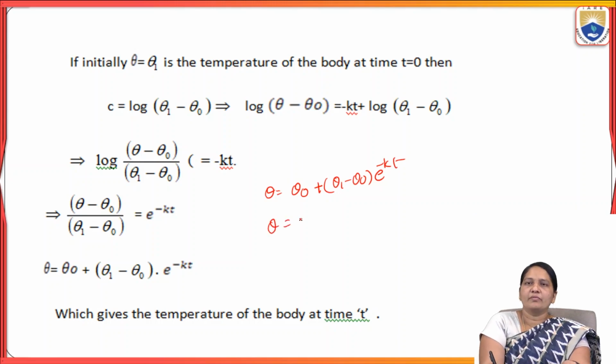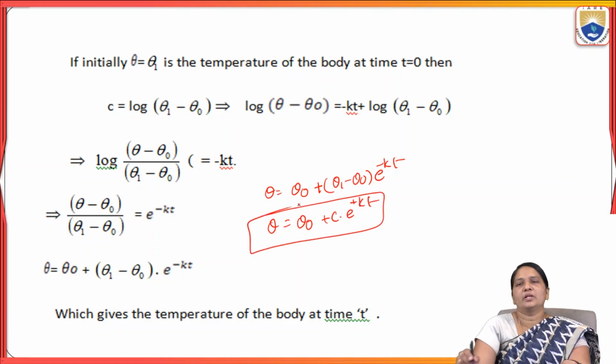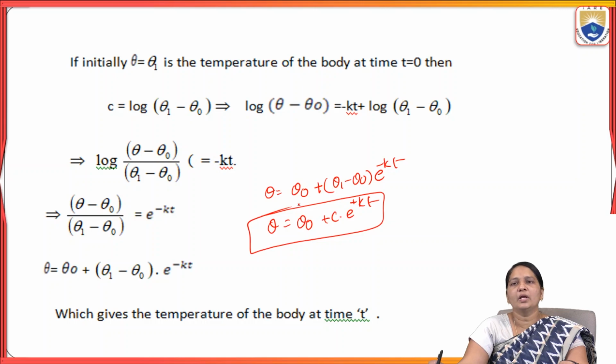Otherwise, theta equal to theta naught plus c into e power minus kt. This is the final equation of the temperature of the body at time t, and this is the equation we are going to use to solve the given problems.